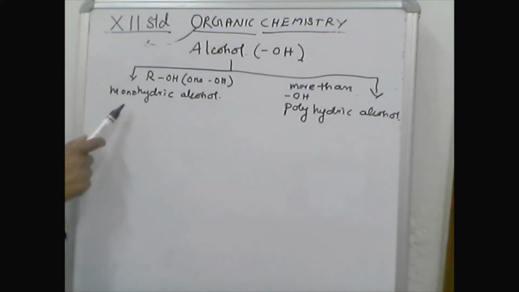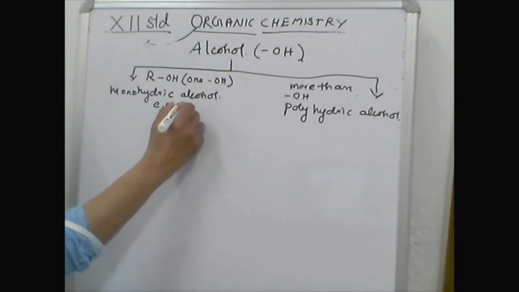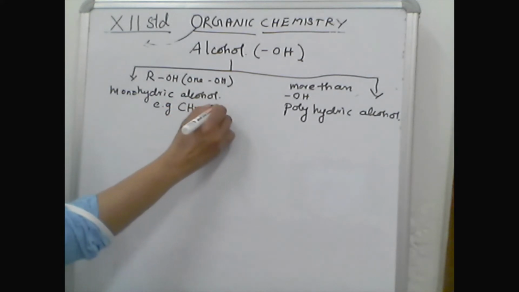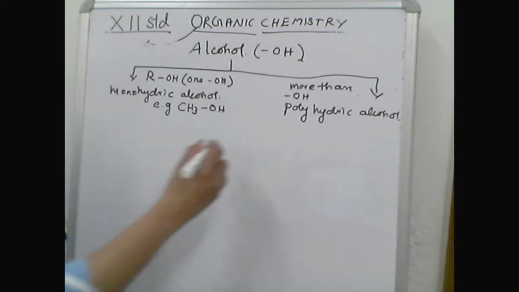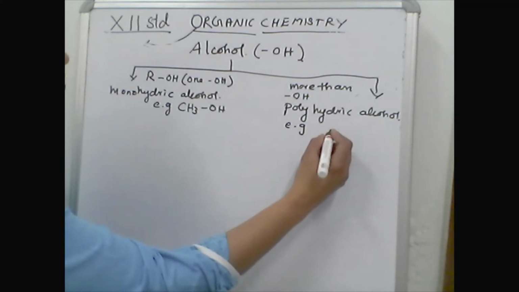If I have one OH, then we call it monohydric. If it has more than one OH, then we call it polyhydric. Okay, for example, an example of monohydric is simple methanol. For polyhydric there are many examples.